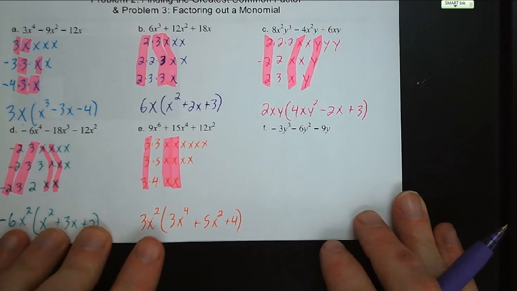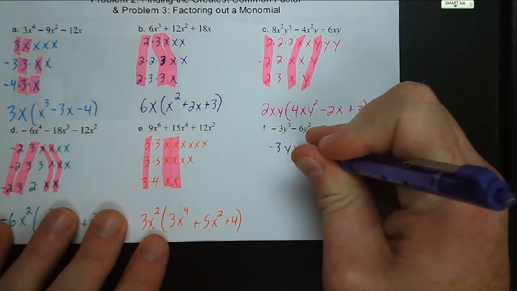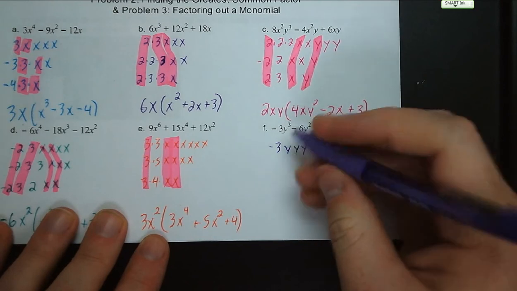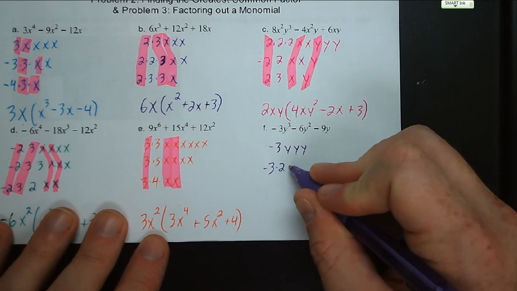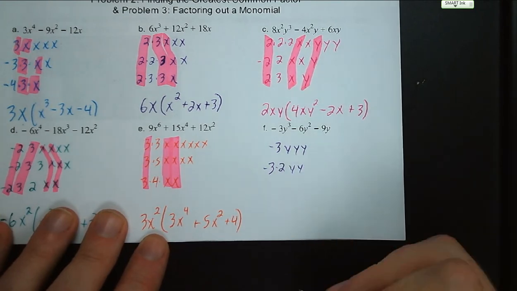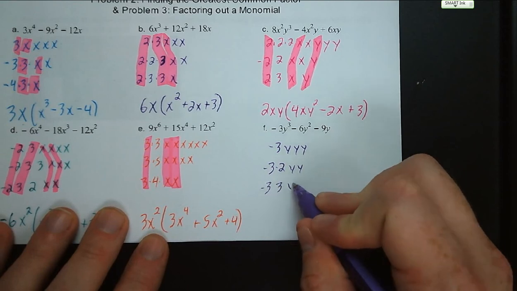Letter F, the first thing we've got a negative 3 and 3 y's. Second term, we have a negative 3, a 2, and 2 y's. Third term, we have a negative 3, a 3, and a y.